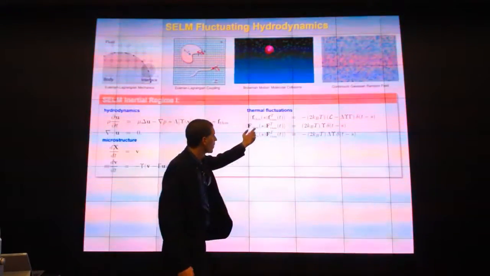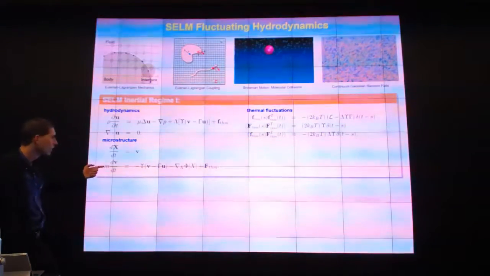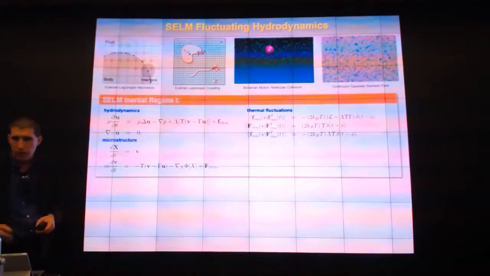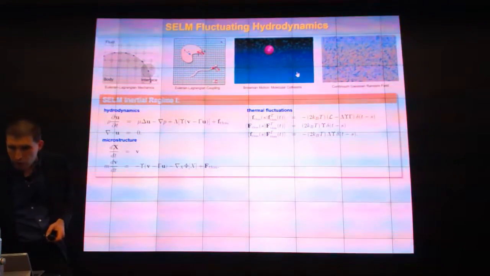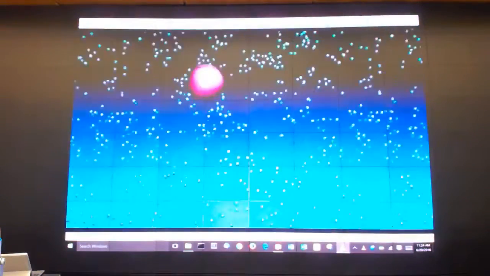And then the microstructure equation has its own stochastic forcing term, which comes in here to model, again, those under-resolved collisions which are occurring with the microstructure through the solvent being replaced by that continuum stochastic field.